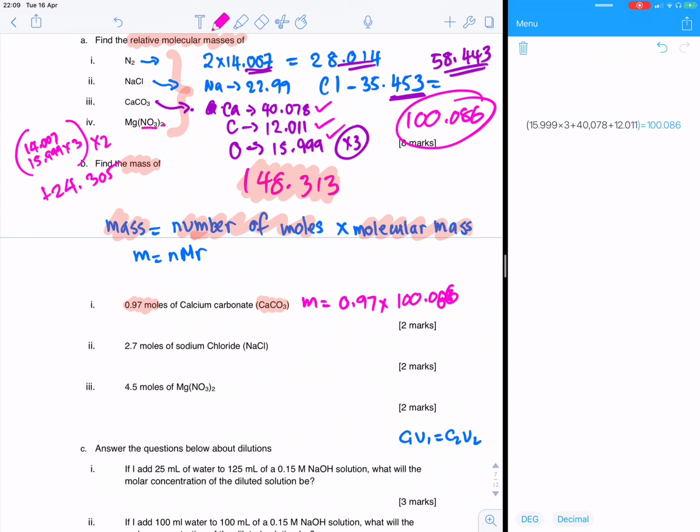Okay, so it means, since it's all in brackets, we can just multiply this by 0.97, which will give you 97.0908. 97.08.